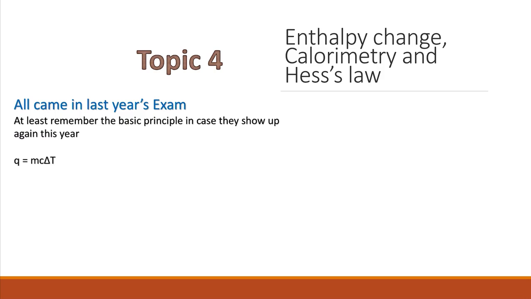So remember that for calorimetry, Q equals mc delta T. Q is the energy transferred, m is the mass of the solution, c is the specific heat capacity of water, which is going to be provided to you in the exam, and delta T is just the temperature change.